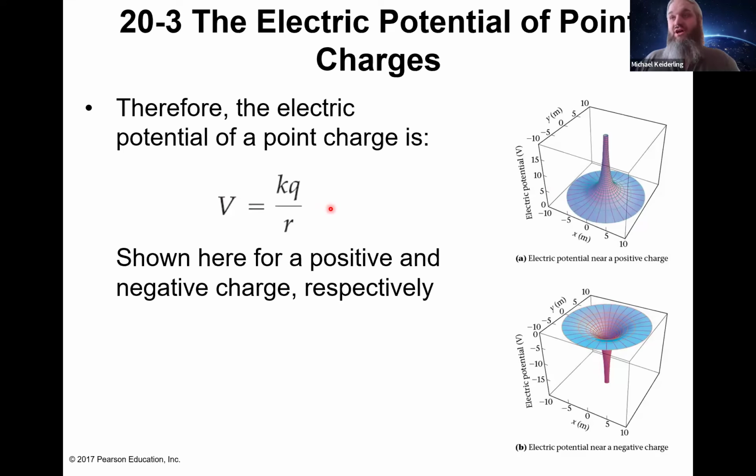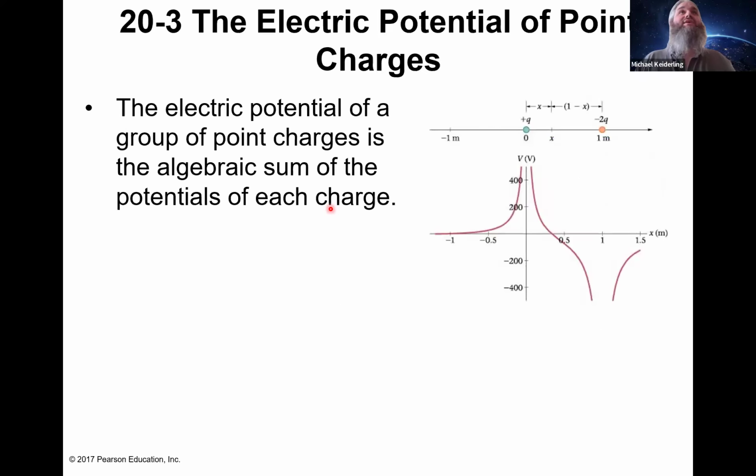If you have more than one charge, the electric potential is fairly straightforward. We simply need to add the electric potentials from each individual charge. And the advantage here is that direction isn't important because it's a scalar quantity and not a vector quantity. So it's just the algebraic sum of each charge.